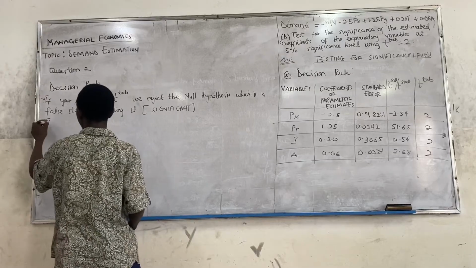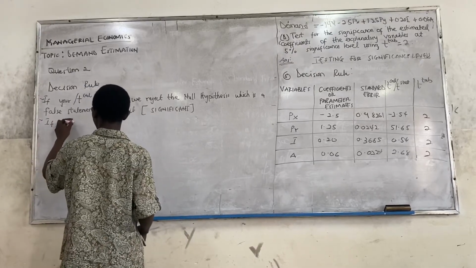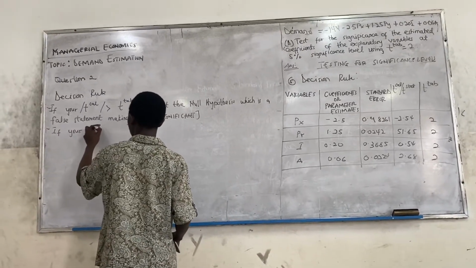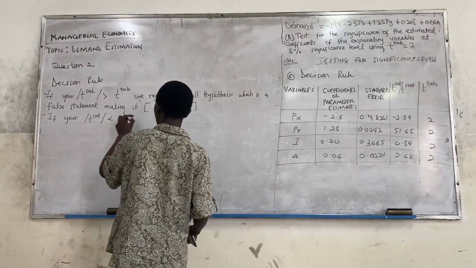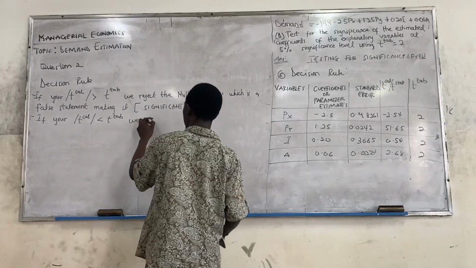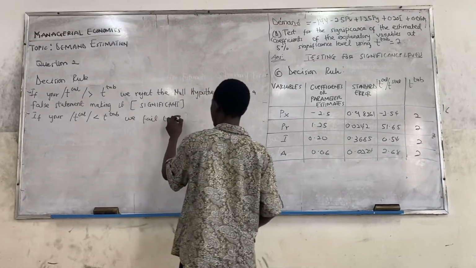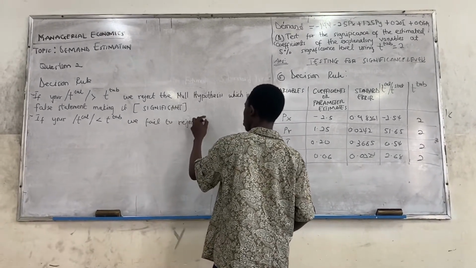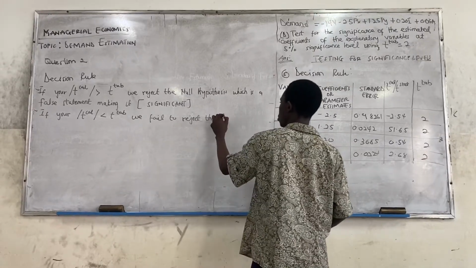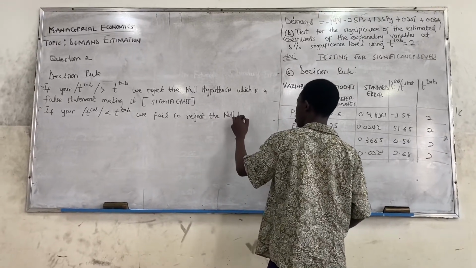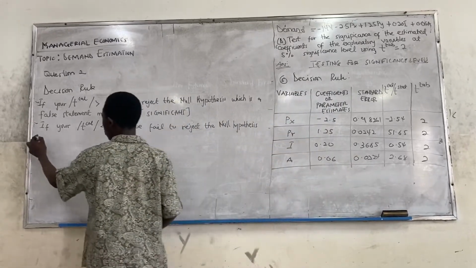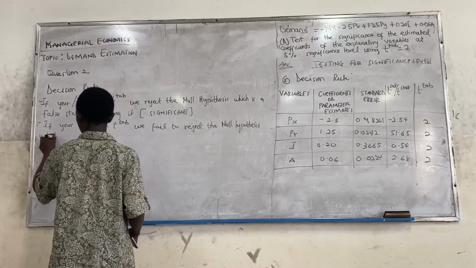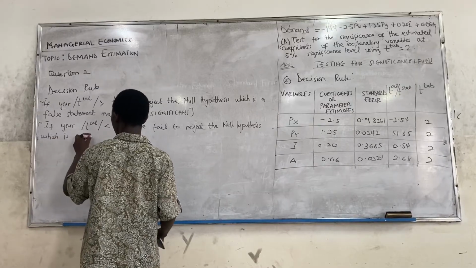Again, if your T cal is less than the T tab, we fail to reject the null hypothesis, which is a true statement.